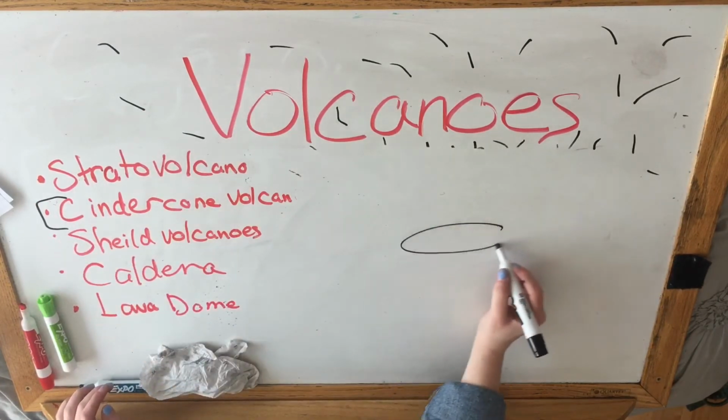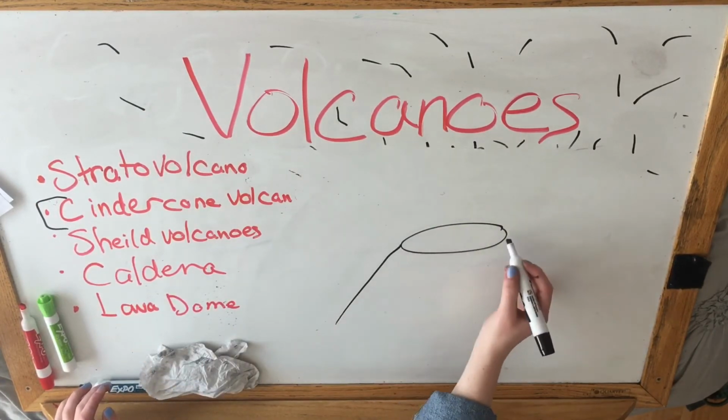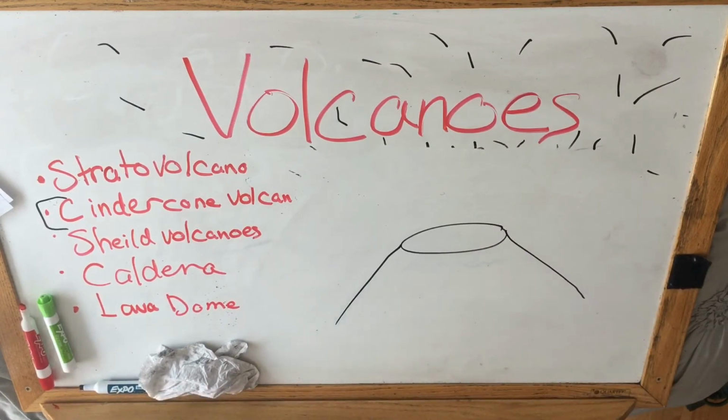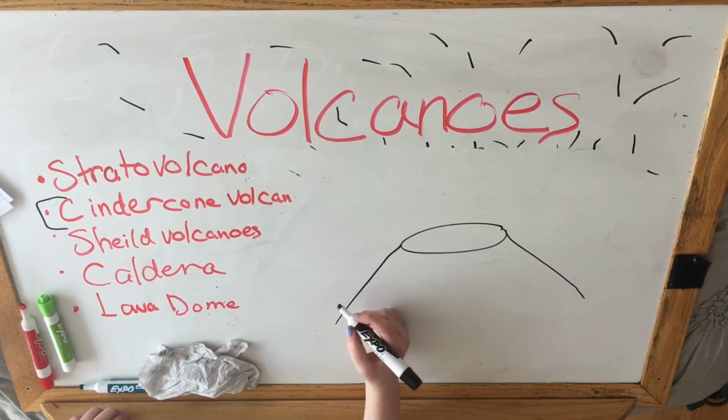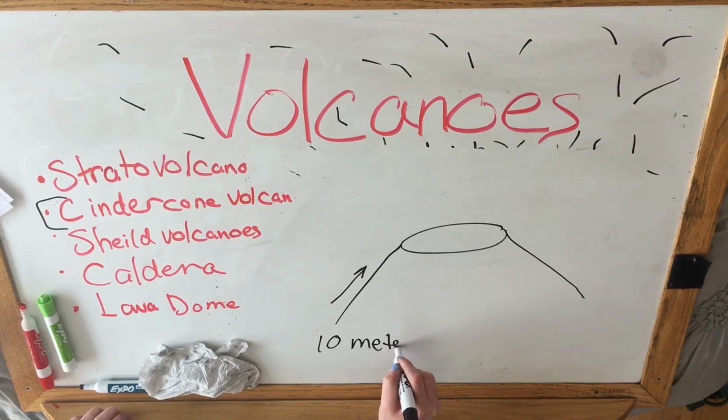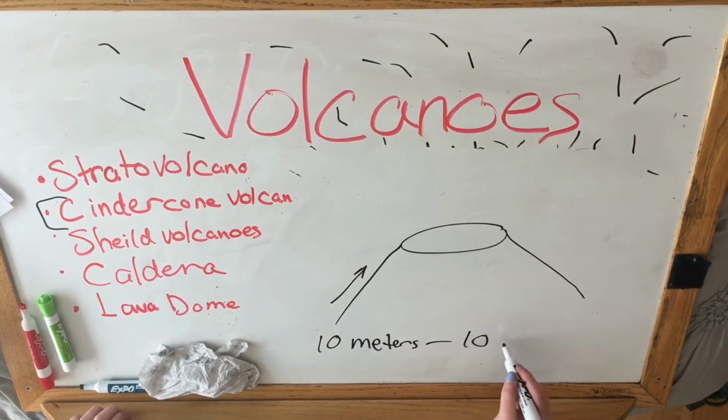A cinder cone volcano kind of looks like this, let's say. It is a steep hill that can range in size from 10 meters to 100 meters.